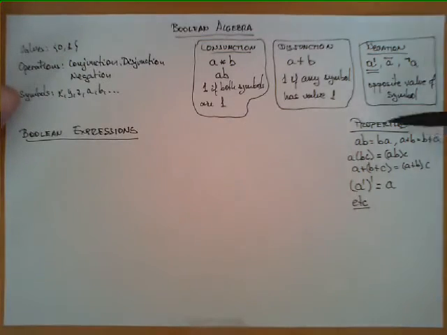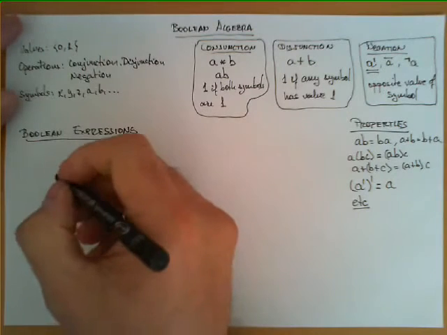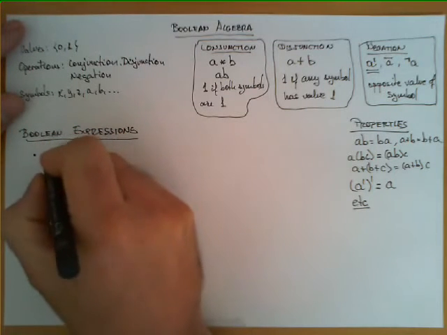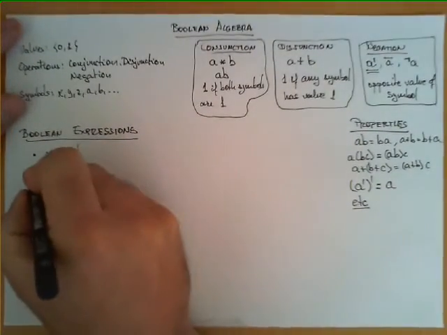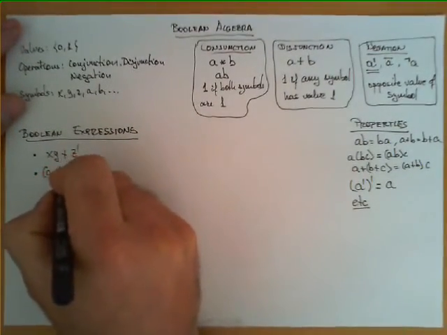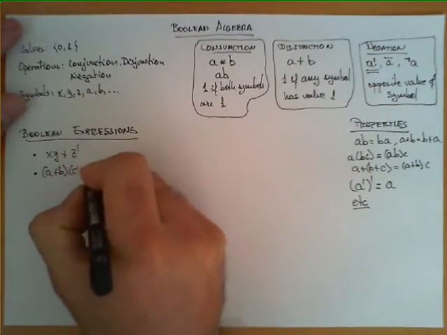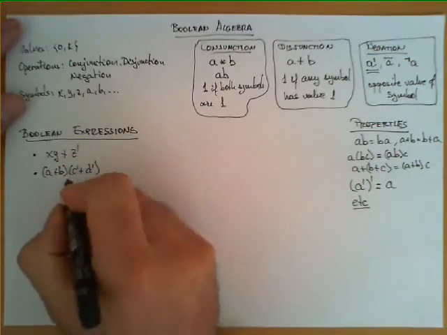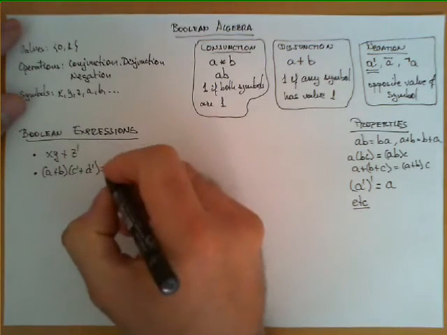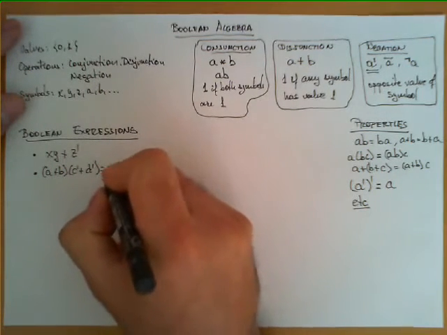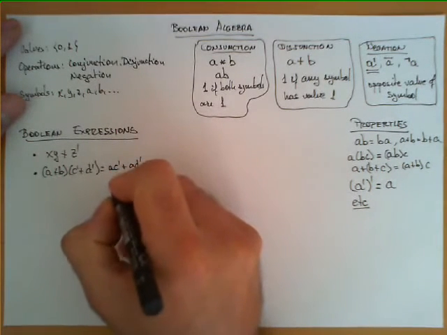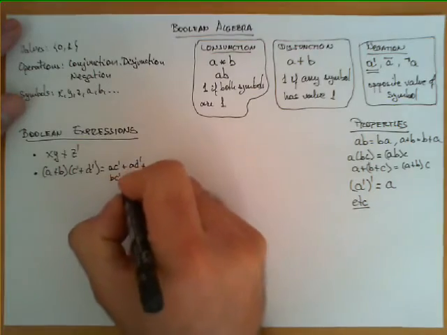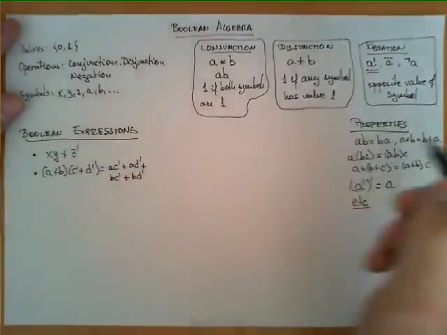So in fact, on the right side of the paper we already see a few Boolean expressions. Let me give you a couple of examples. The first one could, for example, be X times Y plus C prime, and another one could be A plus B times C prime plus D prime, which, by the way, through the distributive law, you can expand and say it is equal to AC prime plus AD prime plus BC prime plus BD prime.